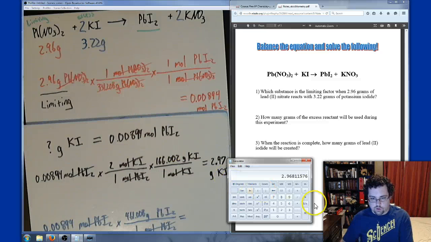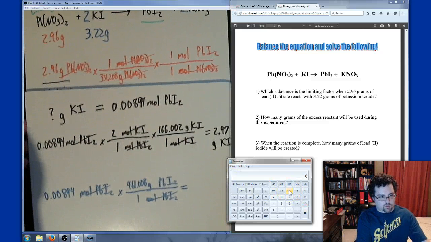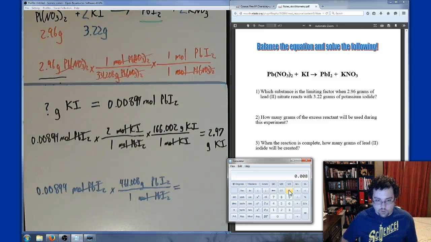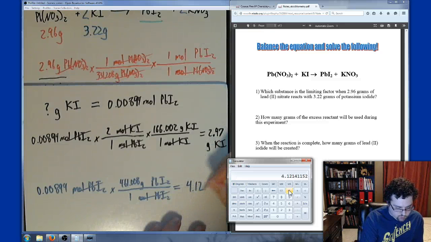So 0.00894 times 461.008 is 4.12 grams PbI2.